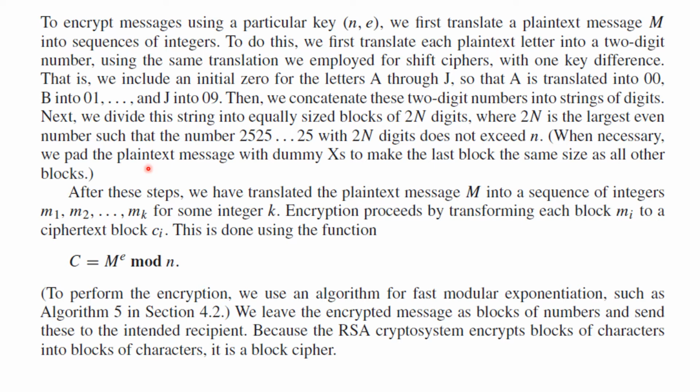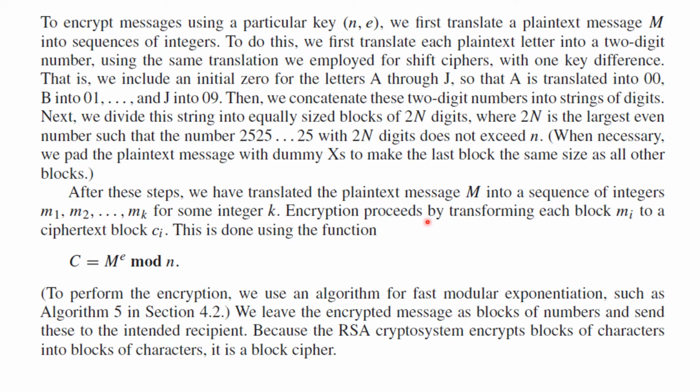When necessary, we pad the plaintext with dummy X's to make the last block the same size as all the other blocks. After these steps, we have translated the plaintext message into a sequence of integers M1 through Mk for some integer k.